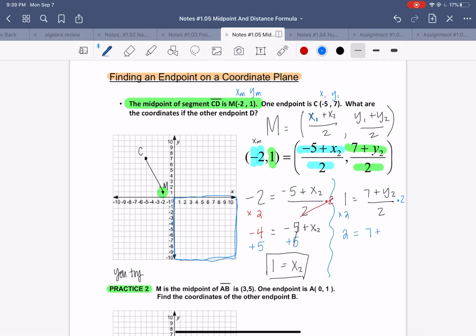We have 7 plus Y2 left, and then I'm going to subtract 7. So Y2 is -5.